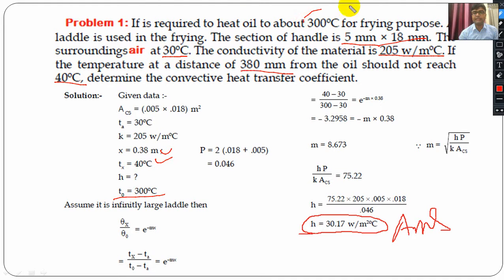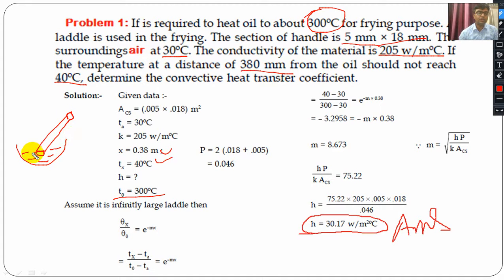Why I am considering this one as a base temperature? See, this is some pot in which there is oil. Clear? This is the oil, and there is a ladle, some shape like this. This is the shape of the ladle, where the area of cross section is rectangular in shape.